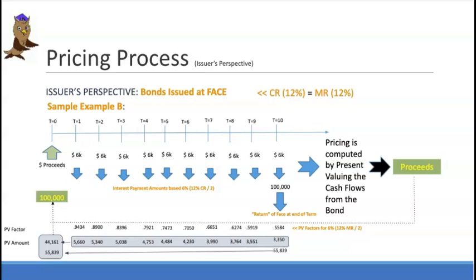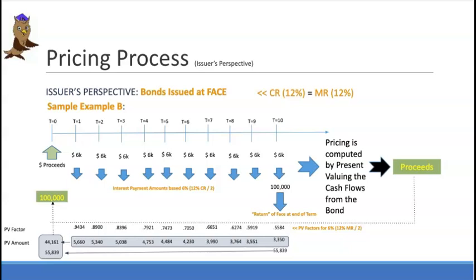We will use a 6% column and the 10th row because we have 10 periods. The PV factor for each period, t equals 0 through t equals 10, is shown on the slide. Each is multiplied by its respective cash flow. The result is a PV amount for each period. Summing up the PV of the interest payments results in a total PV of $44,161.